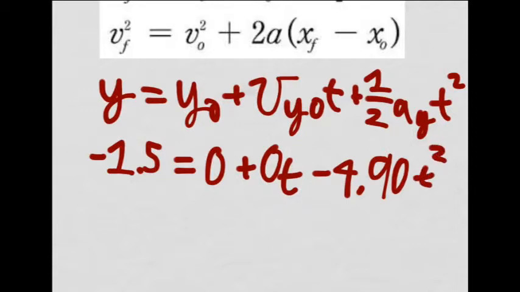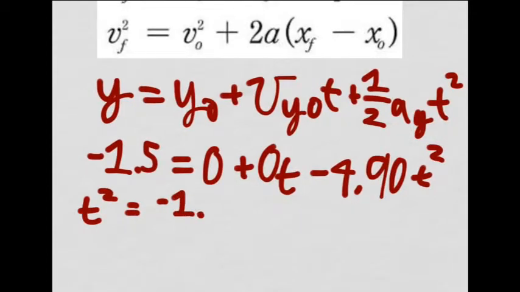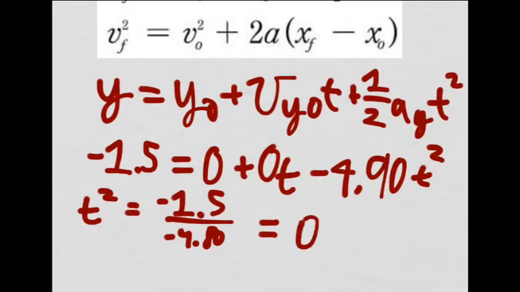If we rearrange that, we get t squared equals negative 1.5 meters over negative 9.8, and t comes out to 0.55 seconds.